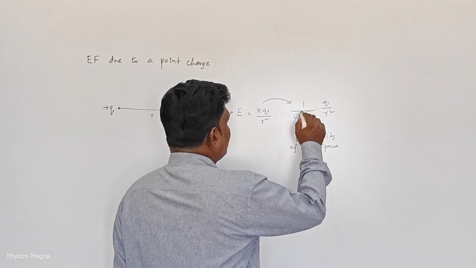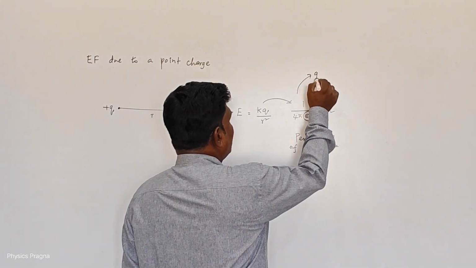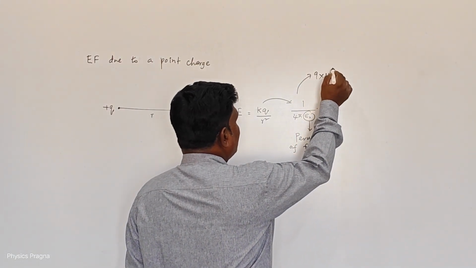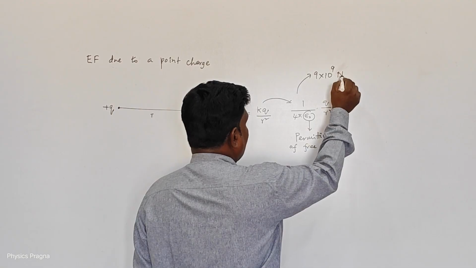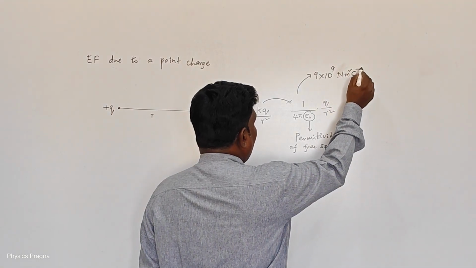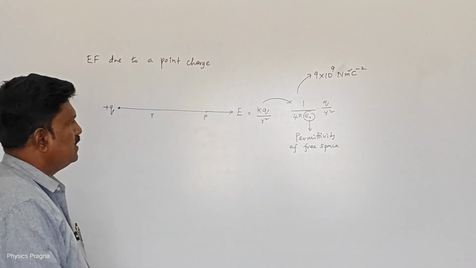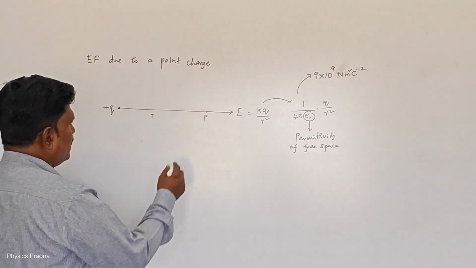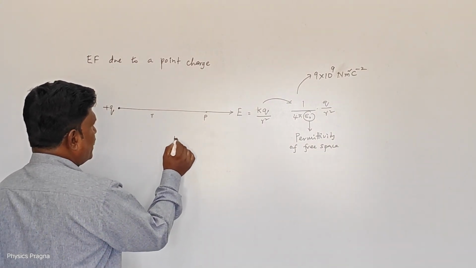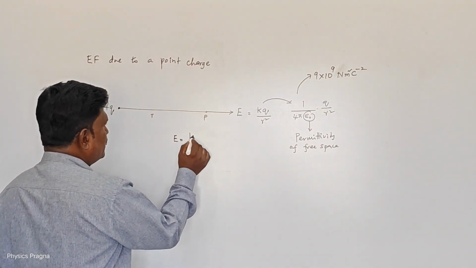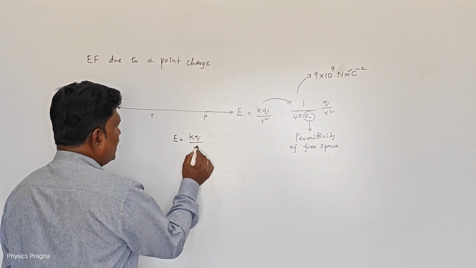And this 1 by 4 pi epsilon naught value, we know, is 9 into 10 to the power 9 newton meter square per coulomb square. So here the formula for a point charge is E equals kq by r square.